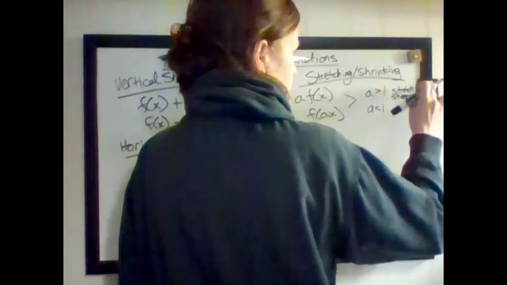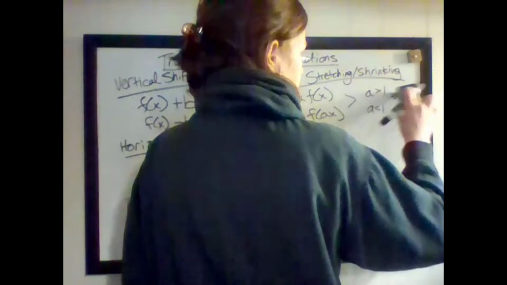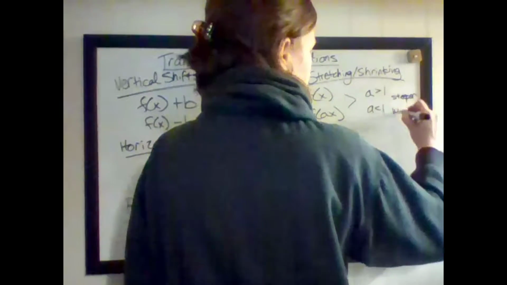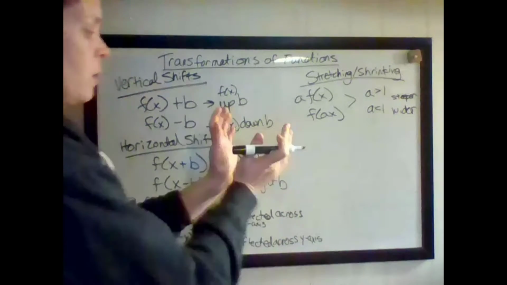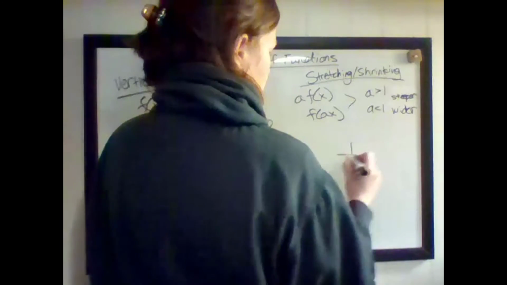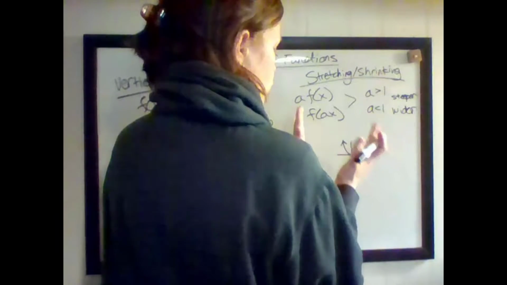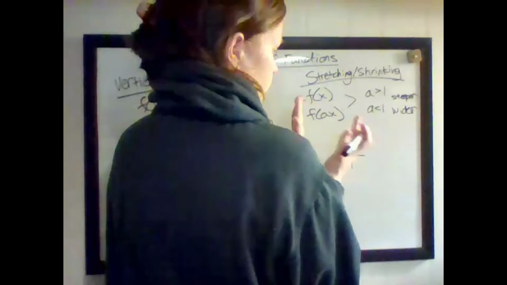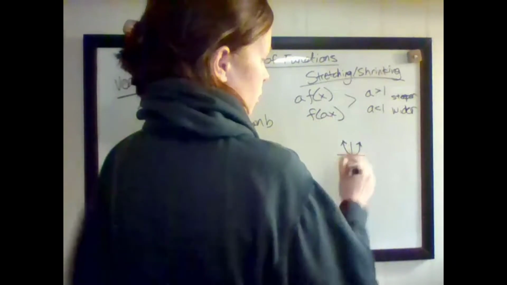Actually, I take that back. Let's just say steeper. And if it's less than 1, it's wider. I guess it depends on which way you think of it being stretched or shrunk. If it's steeper, something like an x squared, you could think of it as stretched up vertically, but it becomes steeper.